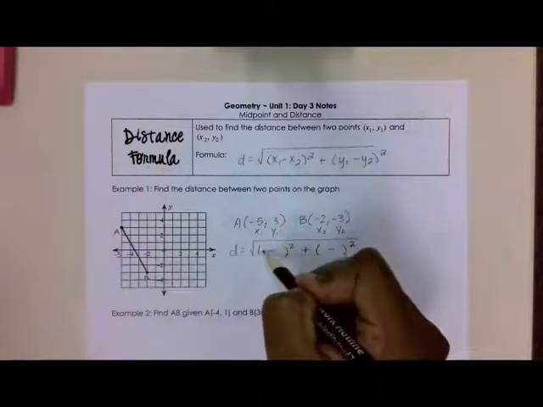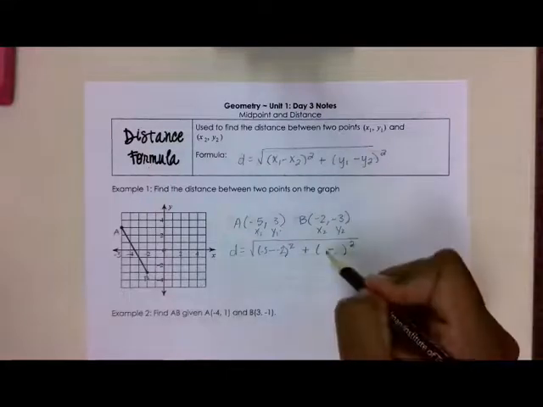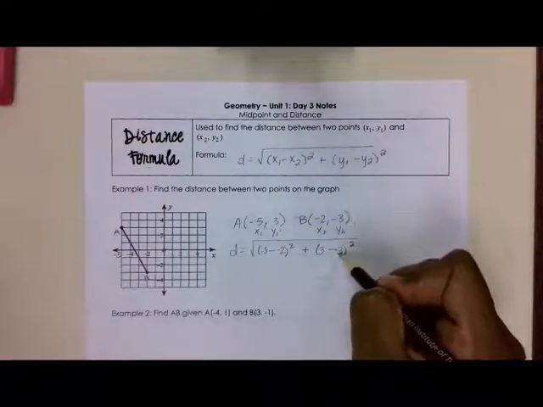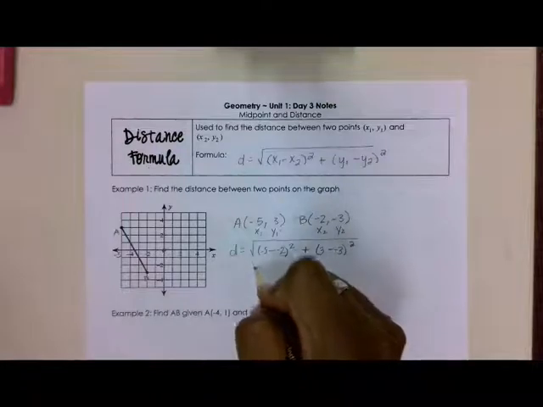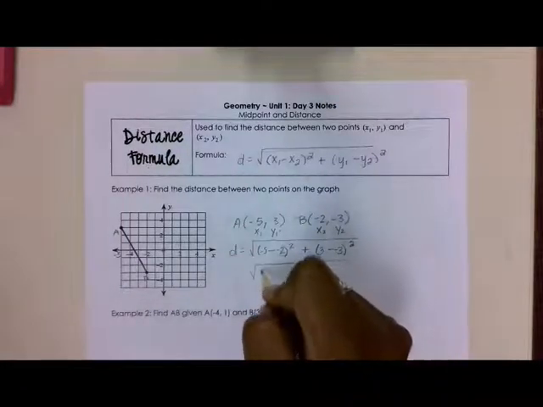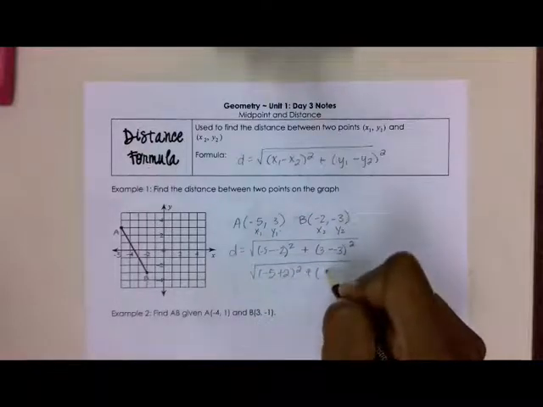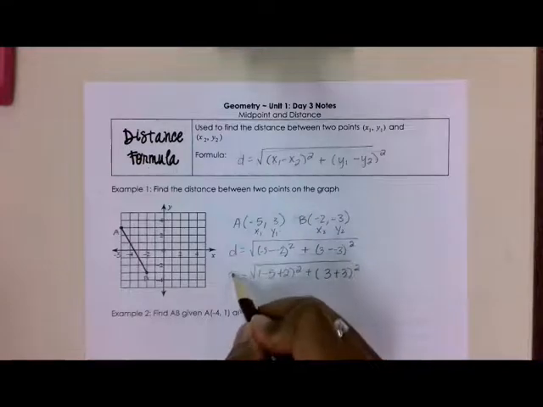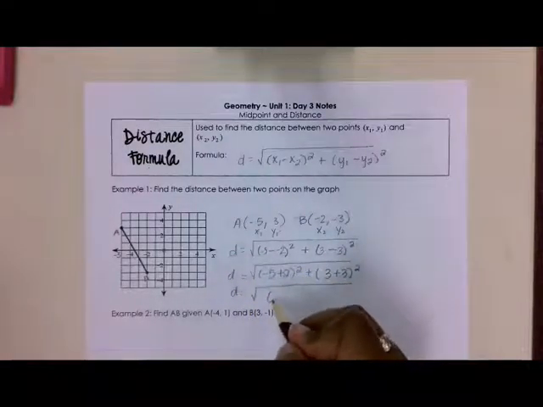So x1 goes first, so negative 5 minus x2, and then y1 minus y2. Now notice, minus is in the formula, and then I also put the negative. So, keep, change. Negative 5 plus 2 is negative 3.